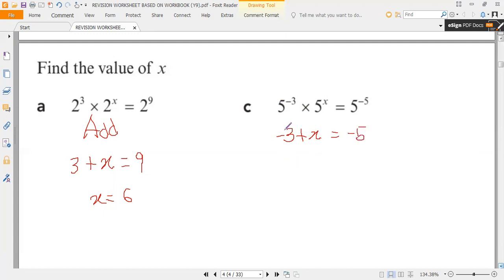So let us move one of the numbers to the opposite side to rearrange it. The -3 will go here and it becomes a +3. So x equals -5 plus 3. So the final answer is -2.